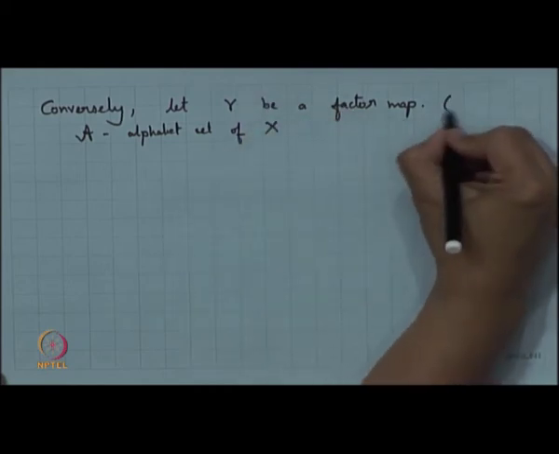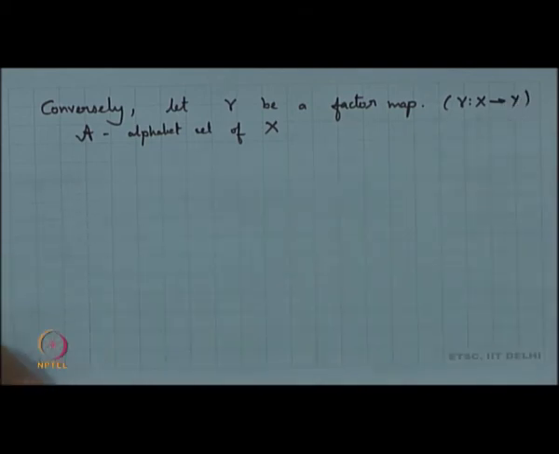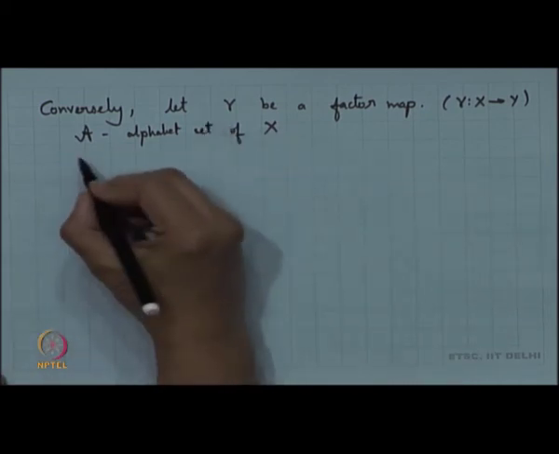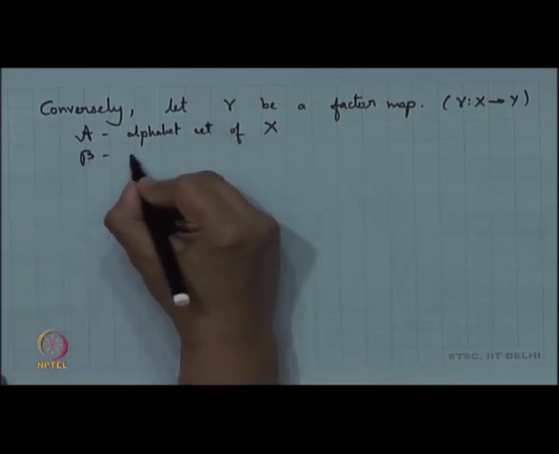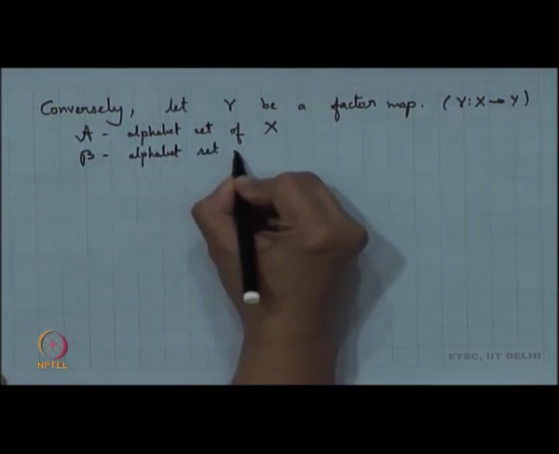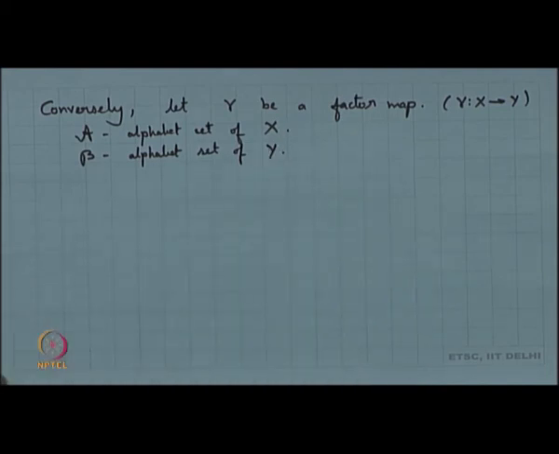So, my gamma goes from x to y, where x and y are shift spaces, and this is a factor map. I am taking A to be the alphabet set of x and B to be the alphabet set of y.